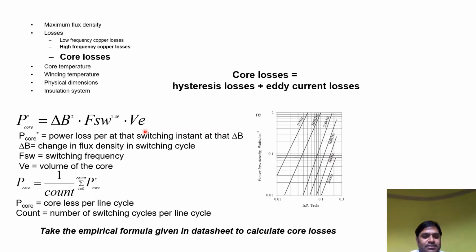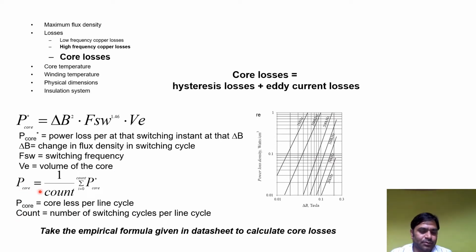This is the formula given by the core manufacturer, who defines how the core losses should be calculated for a particular core. Here delta B is the change in flux density in the switching cycle, FSW is the switching frequency, and V is the volume of the core.